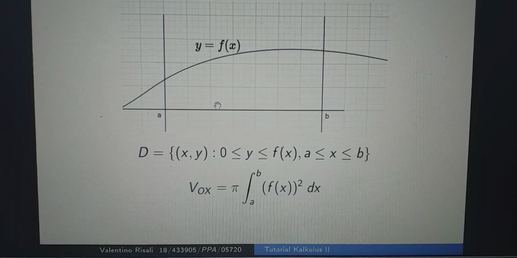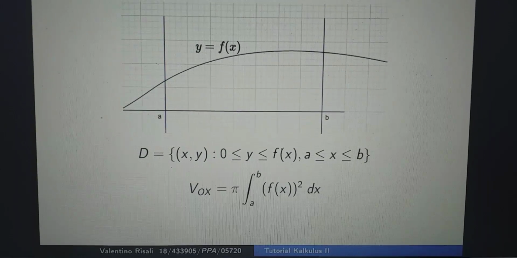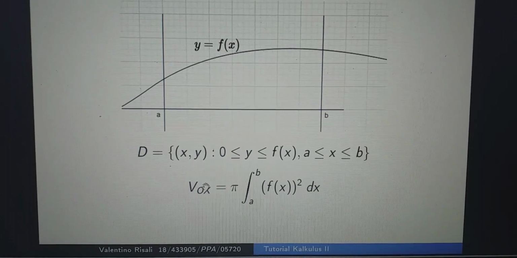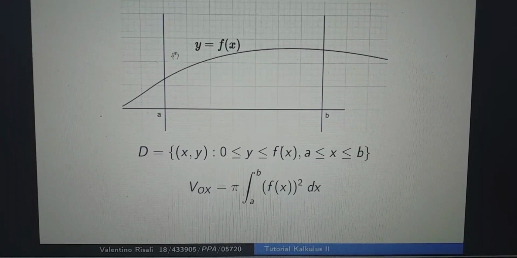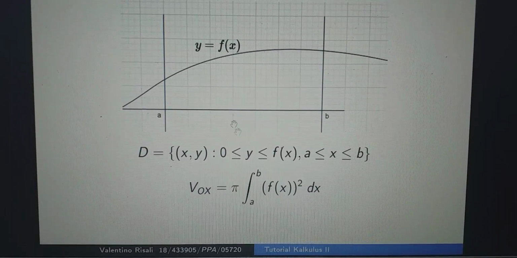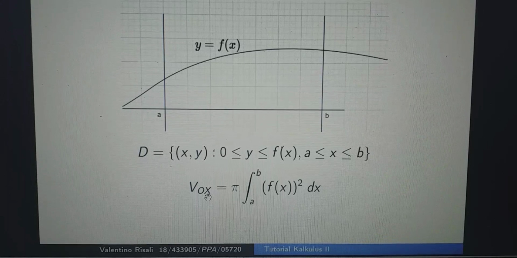A similar formula we get when we revolve this curve about the y-axis and we change x to y. This is f(y) and dy, and the bounds are in y.